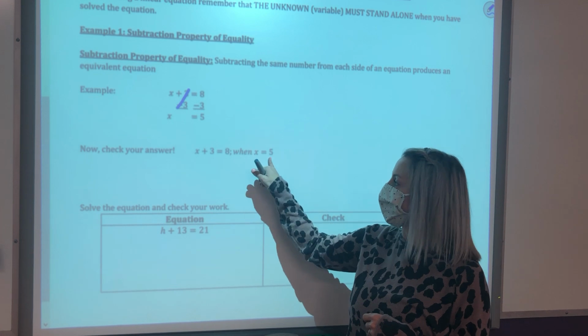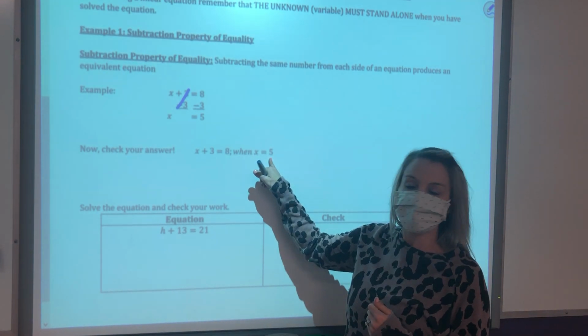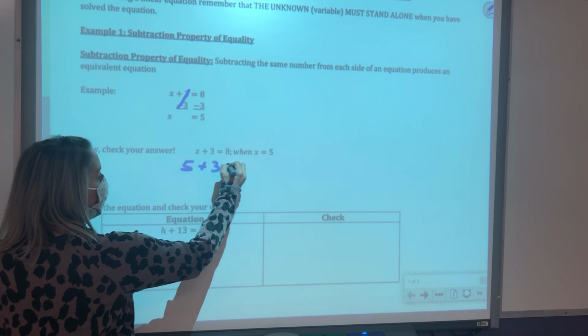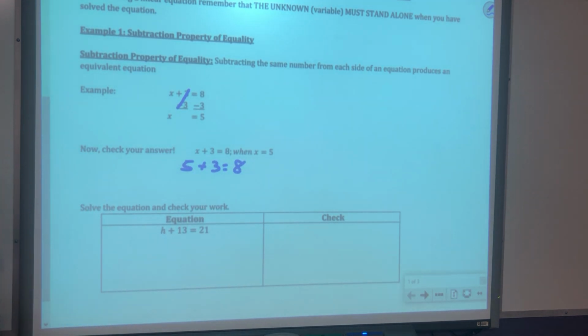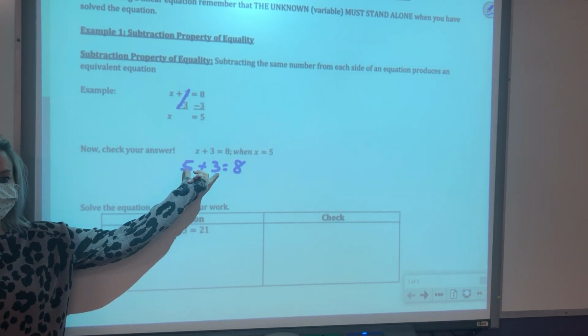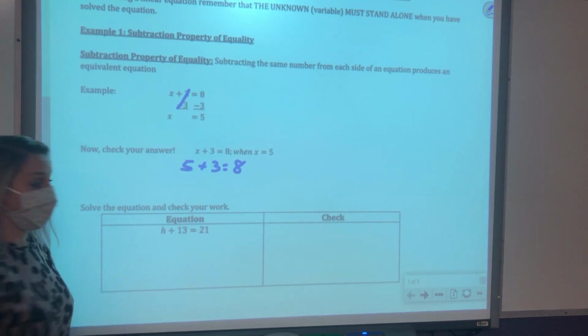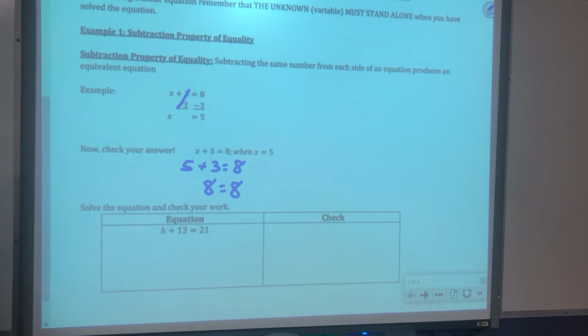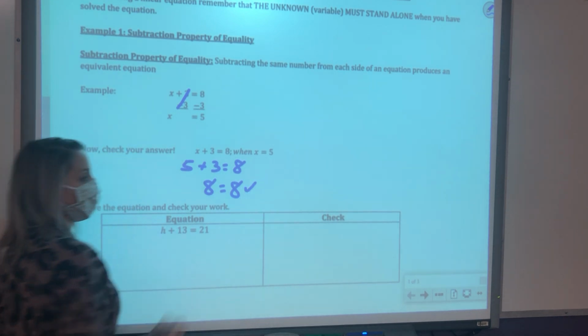Whenever I see an x, I replace it with 5. So 5 plus 3 equals 8. Then actually do the operation between 5 and 3. 5 plus 3 is 8. So 8 equals 8. True statement? Yes. So we've checked our work.